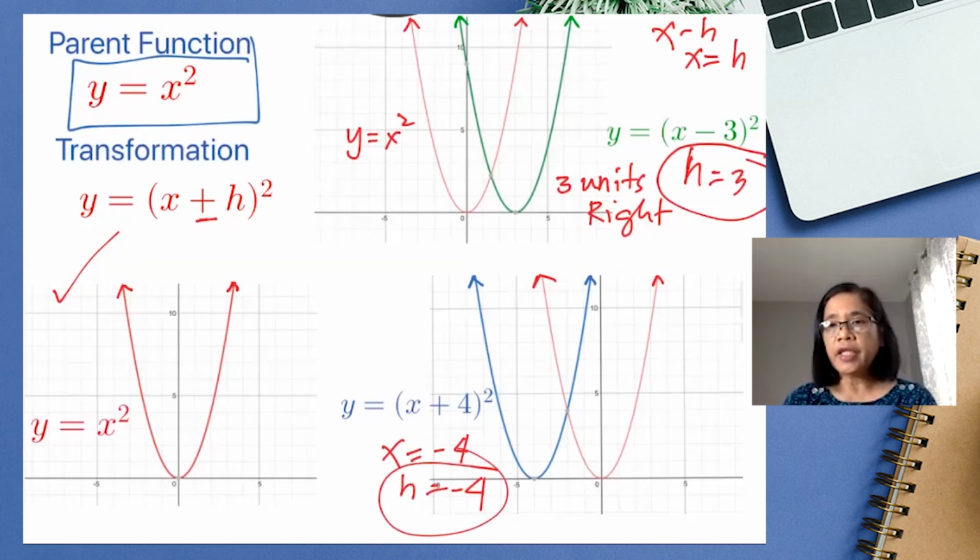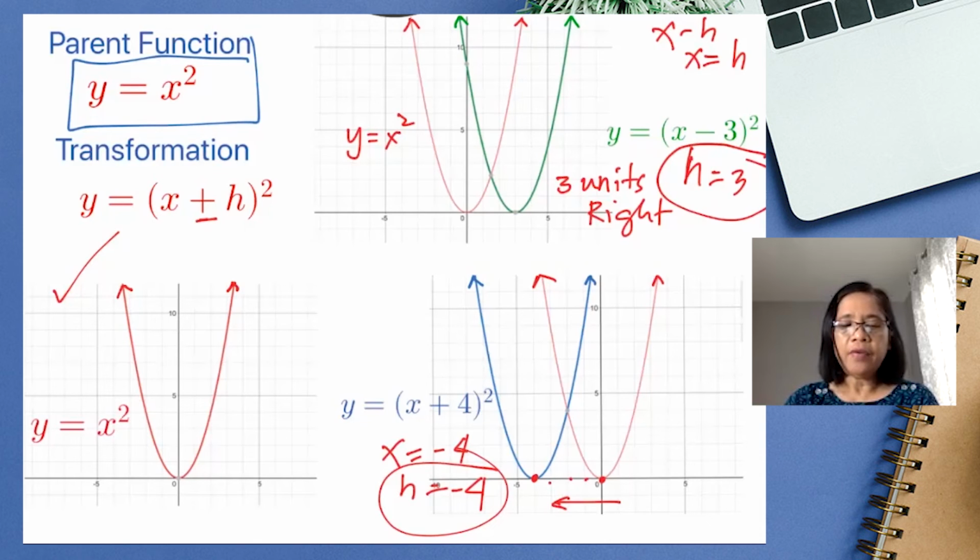So h negative 4 means you move 1, 2, 3, 4. So the vertex here is moved 4 units to the left. Be careful again. The main confusion here is that when students see the plus sign, they think that they have to move to the right.